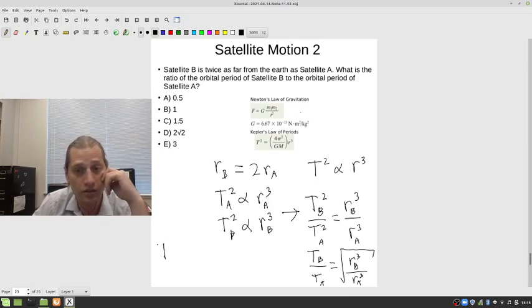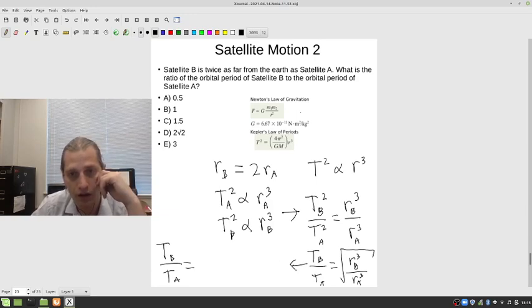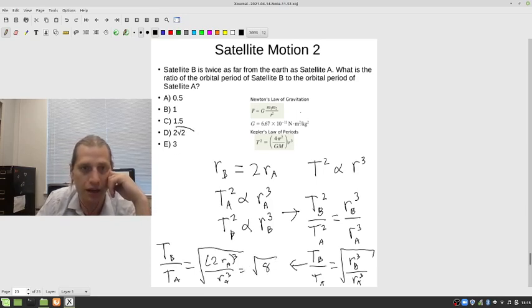Okay, now T_B over T_A is equal to, well, r_B is just 2 times r_A, so it's going to be the square root of (2r_A) cubed over r_A cubed, equals the square root of 8, which is the same as 2 square root of 2.